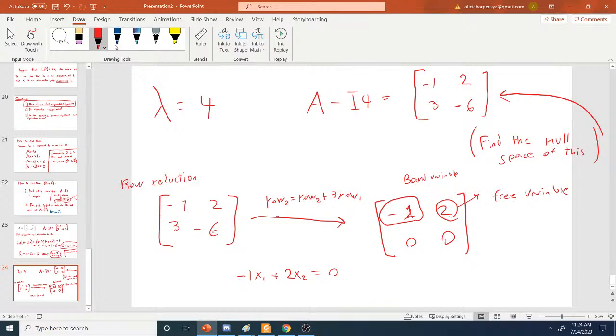So I find from this that x1 is simply equal to 2x2. And the null space of A minus I4 is going to be equal to the span of the vector 2, 1.